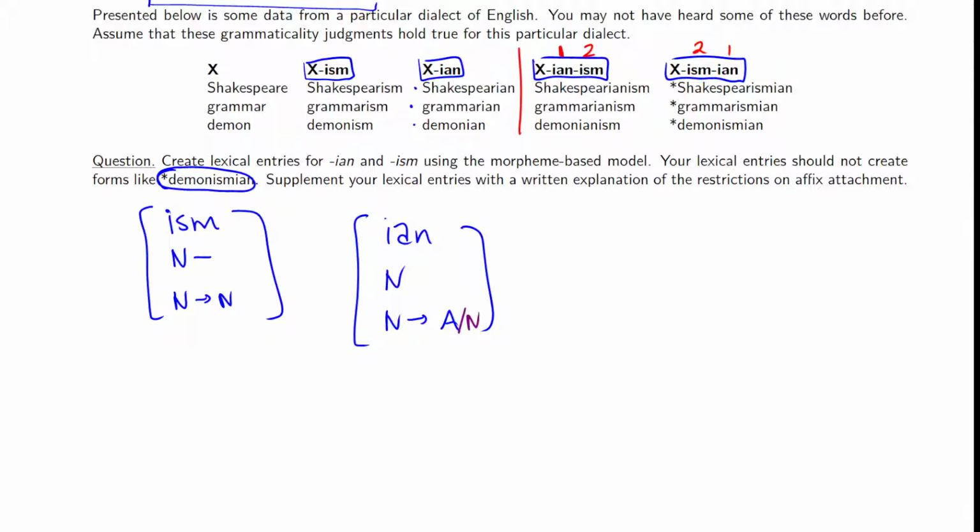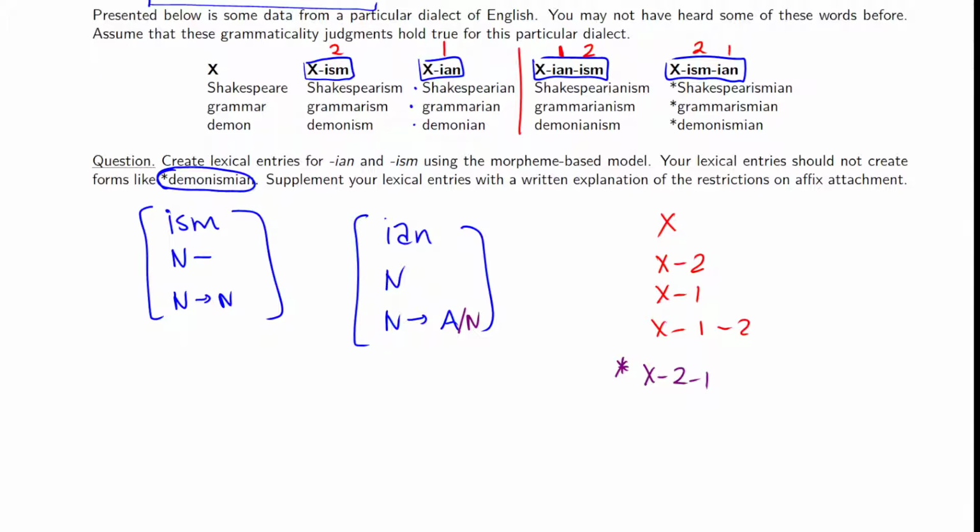And in the other case I'll put 2, 1 there. So -ism is 2, -ian is 1. The acceptable forms are just X, or X then 2, or X then 1, or X then 1 then 2, but we cannot have, so this is bad, X then 2 then 1. So we can't have X then -ism then -ian.